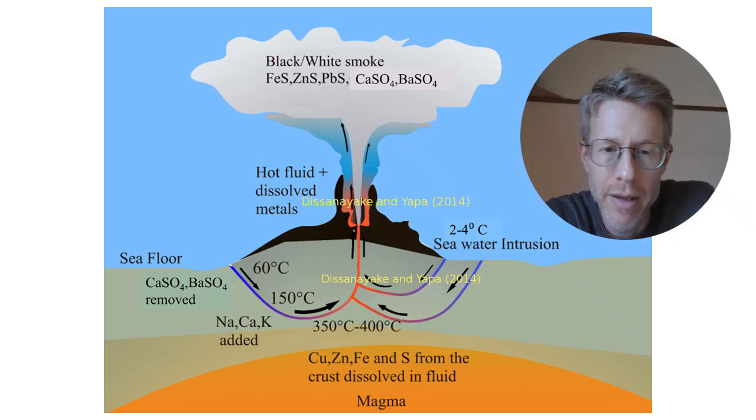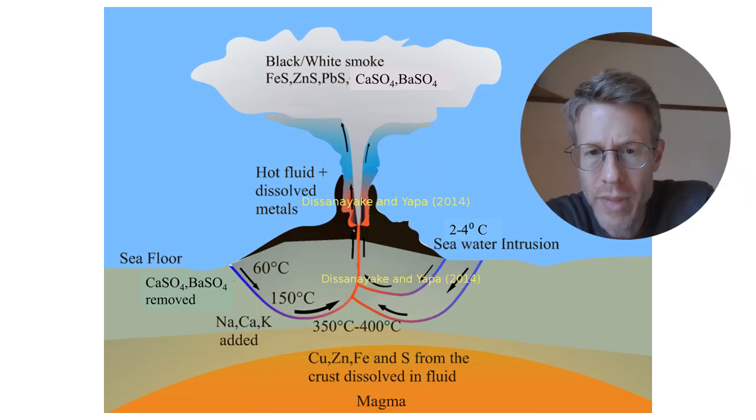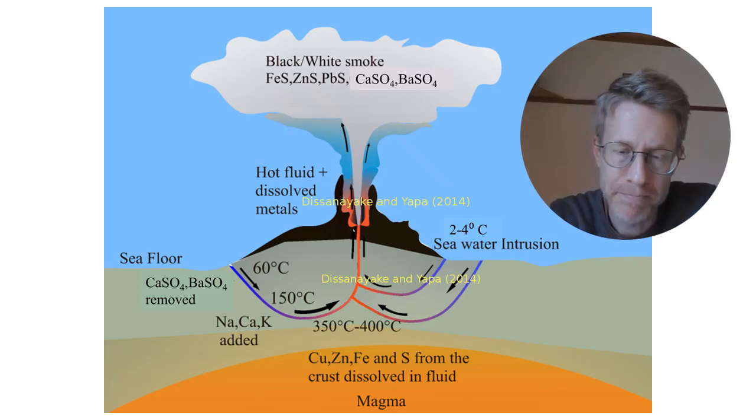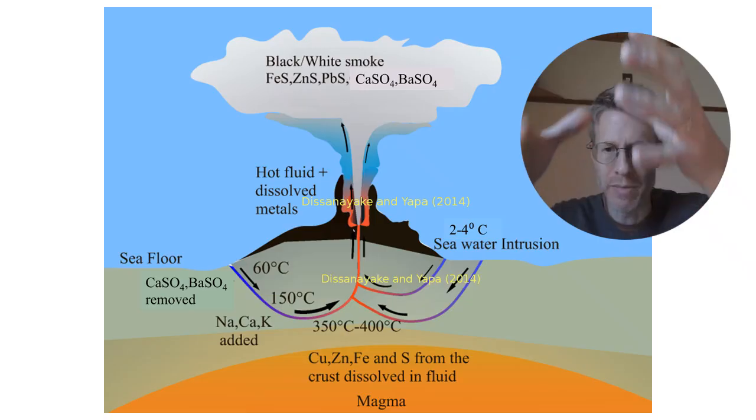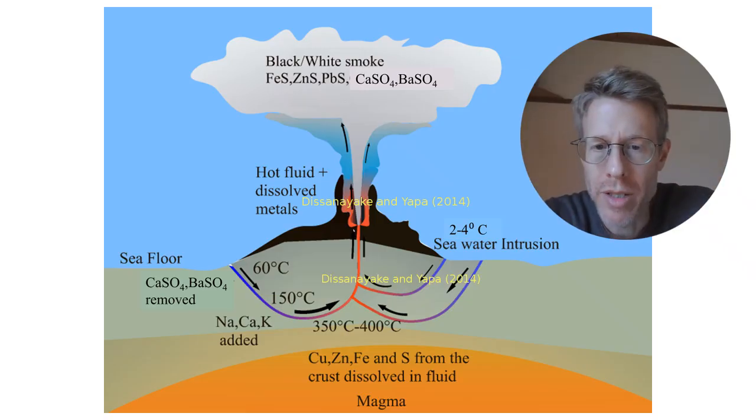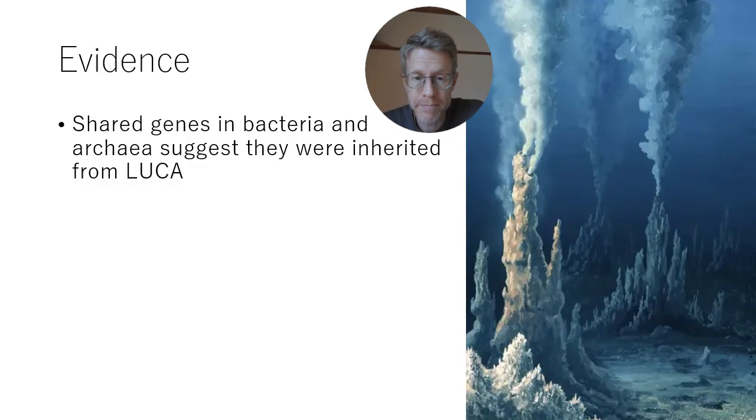Various substances are dissolved in it, and reactions occur, and this super hot aqueous solution spews out, and it looks like smoke. It's not smoke, it's just very hot water, and it forms these chimney-like structures, and there's a lot of interesting chemistry there, and it's thought that that is where life may have first evolved.